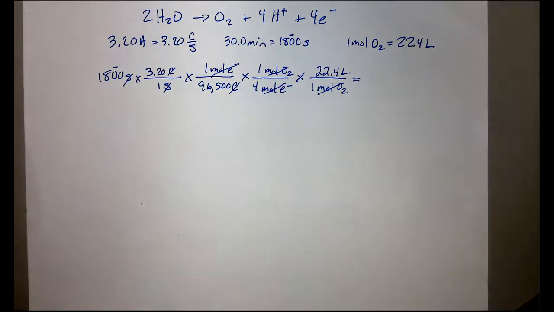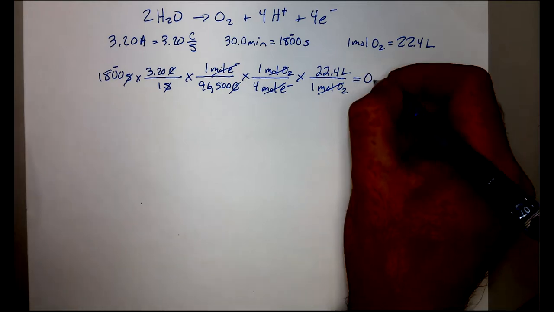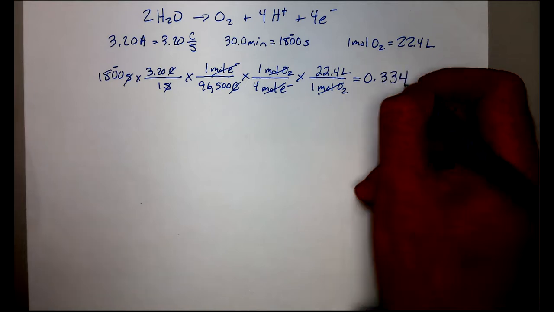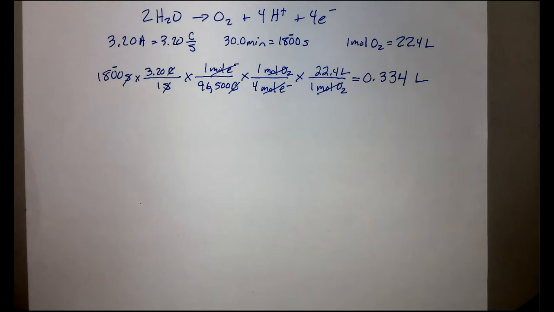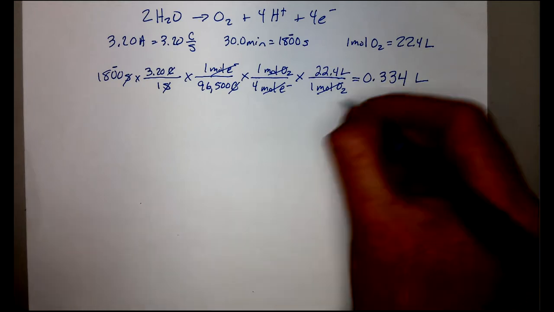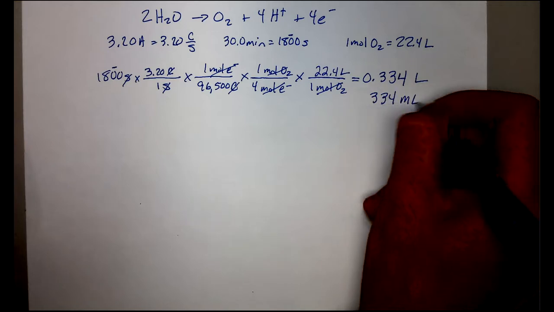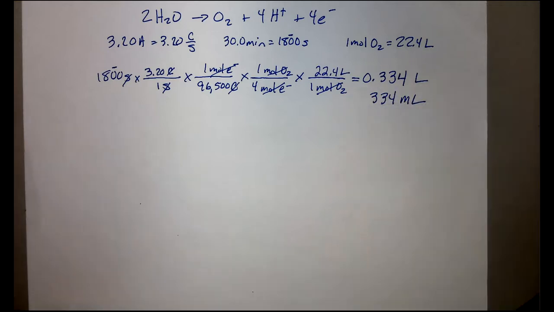Again, you're just going to run that through your calculator. We're going to get 0.334 liters to 3 sig figs. Or if you want to go to milliliters, since it's small, you can call it 334 milliliters. Either way would be acceptable since I wasn't specific.